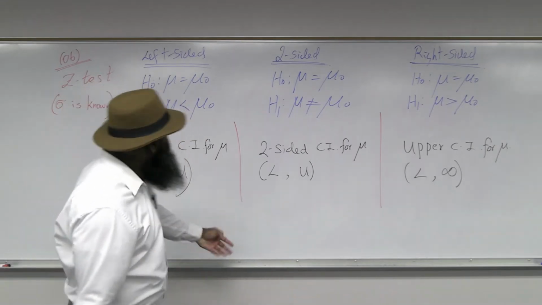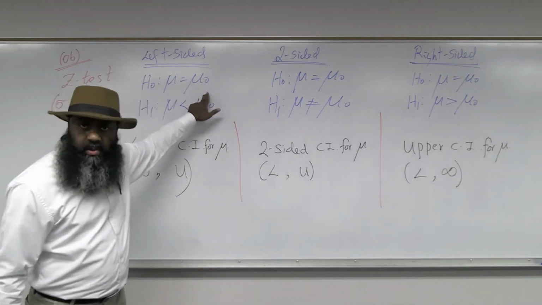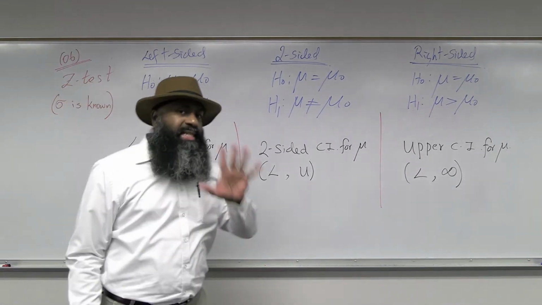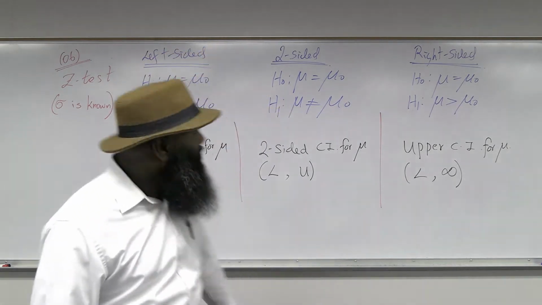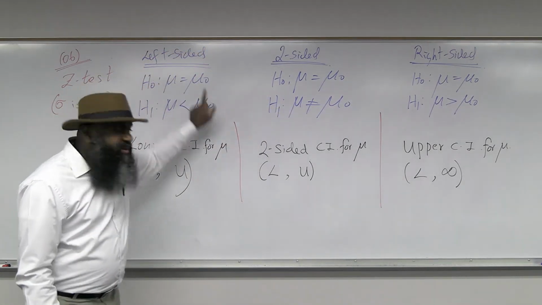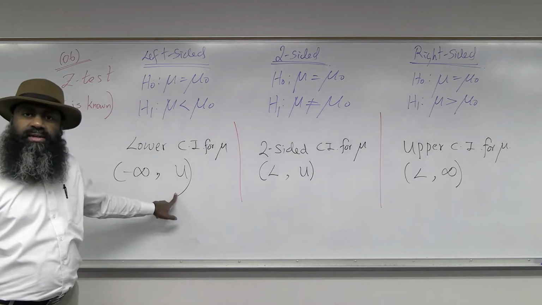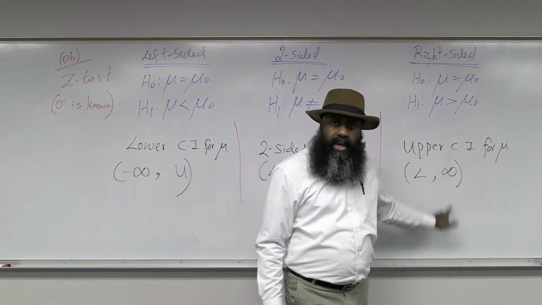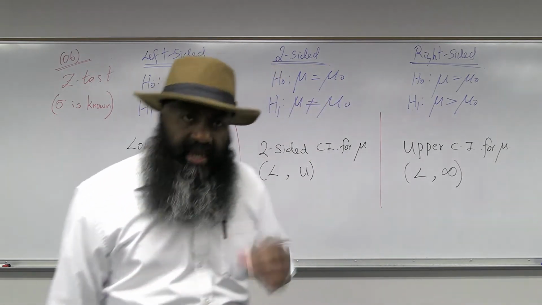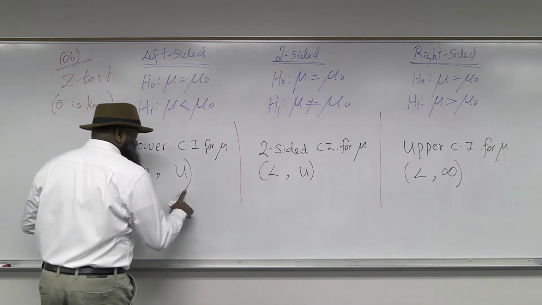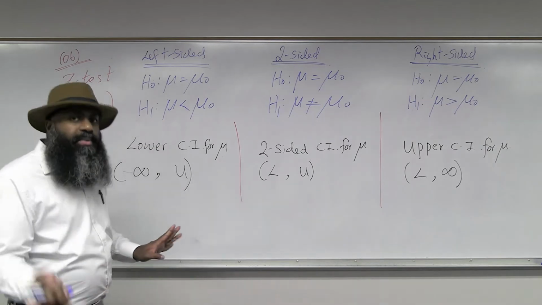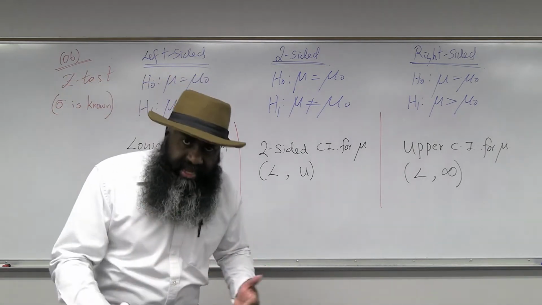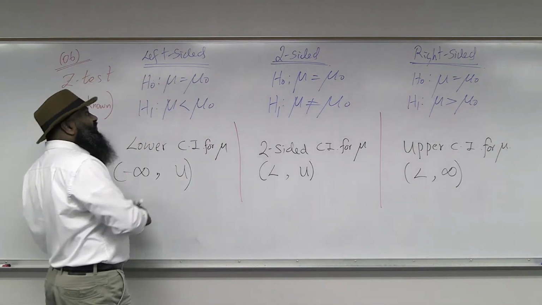Our assumption says that mu is equal to mu 0. So if my assumption is true, this mu 0 value should be found inside of this confidence interval. Okay? So if my assumption is correct, my confidence interval contains mu 0. In that case, we say our assumption is correct.